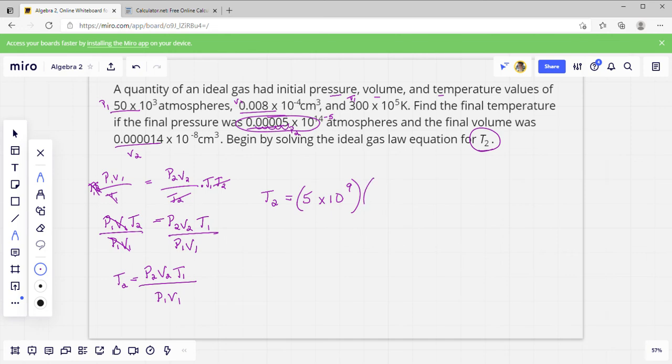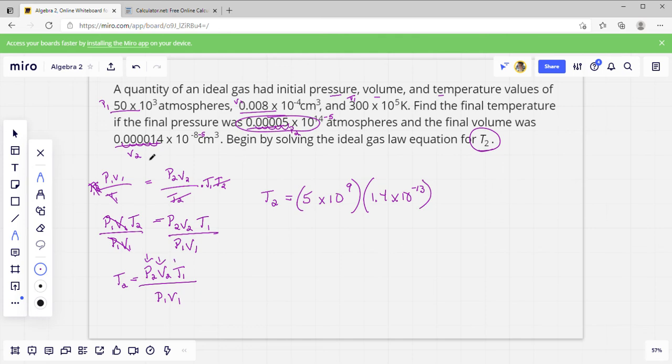Okay, now I need V2, that's this one. So that would be 1.4 times 10, and I moved it 1, 2, 3, 4, 5 places. So 8 minus 5 will be negative 13.